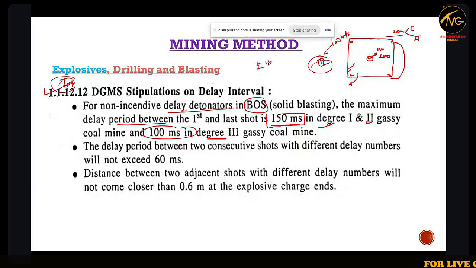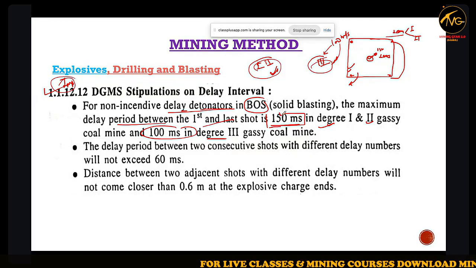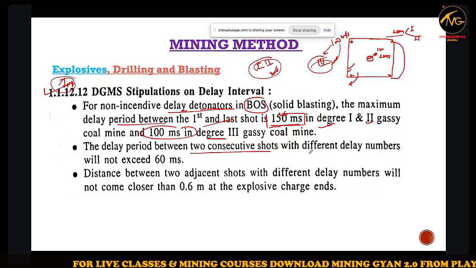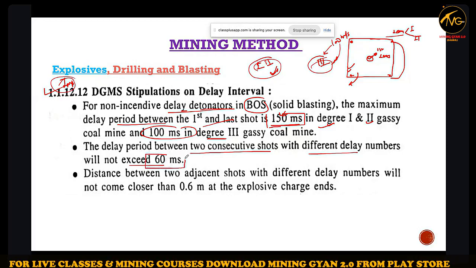Degree 1 or degree 2 you can take more time to blast a face, but for degree 3 you have to blast very fast, so we use less delay. So 100 millisecond for degree 3 and 150 millisecond for degree 1 and degree 2. Or if we are blasting two conjugated shots, it should not exceed 60 millisecond.